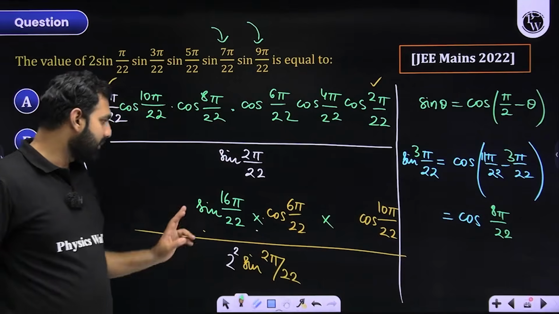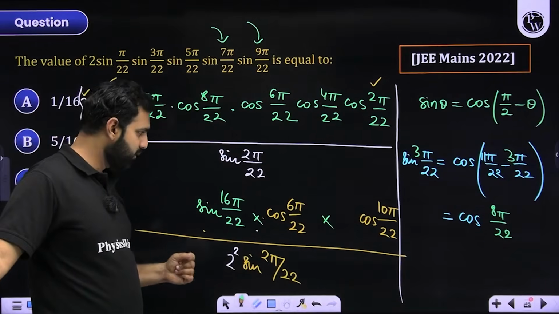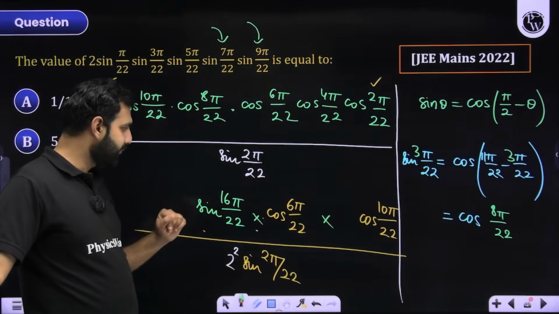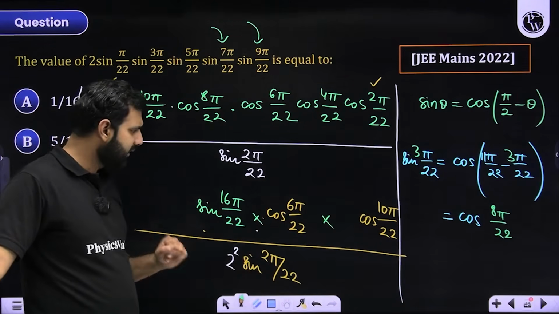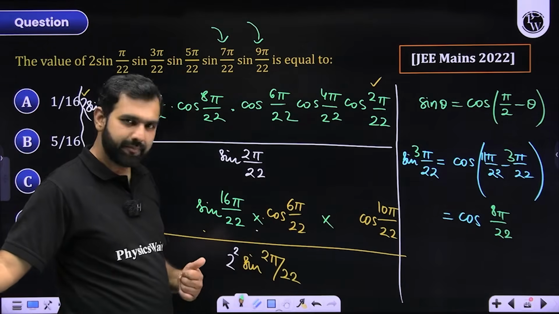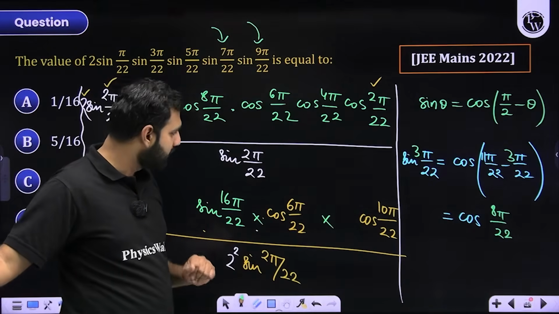So first of all, let me see the pattern. Which one can be matched? So here, 16 pi by 22. If I write 22 minus 6, how much is it? Is it 16? So let me use that result.